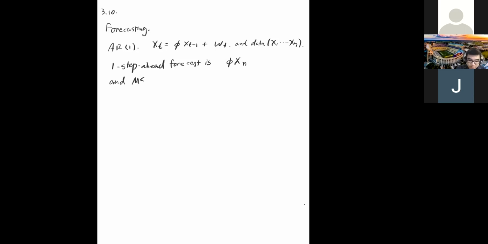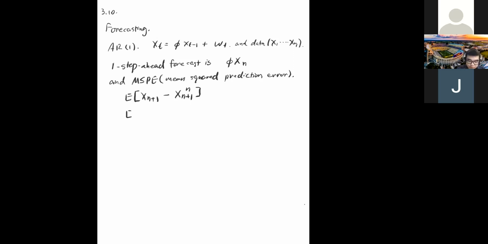And the mean squared prediction error is the expectation of your true observation x_{n+1} minus your forecast, which is x_{n+1} given all the data up to n.